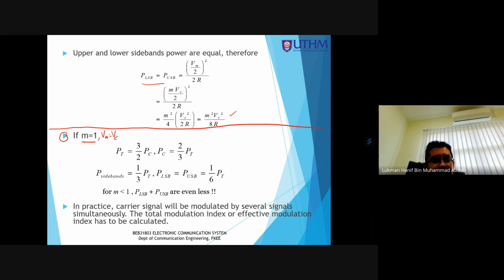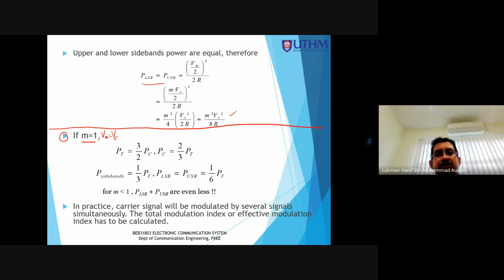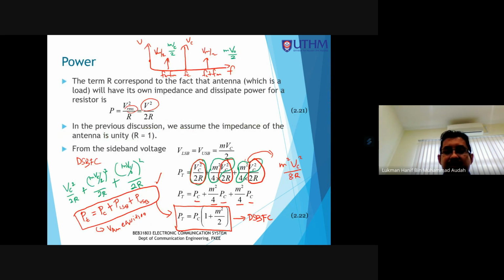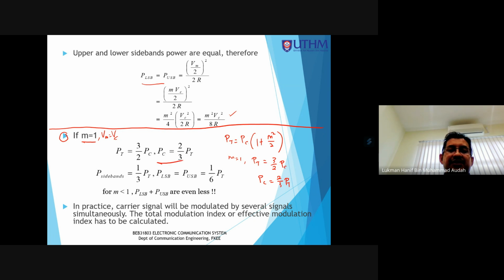If VM is equal to VC, from the equation PT equal to PC in bracket 1 plus M square over 2, if you put M equal to 1, that means your P total would be 3 over 2 of PC, where PC itself is 2 over 3 of the total power, as stated here.